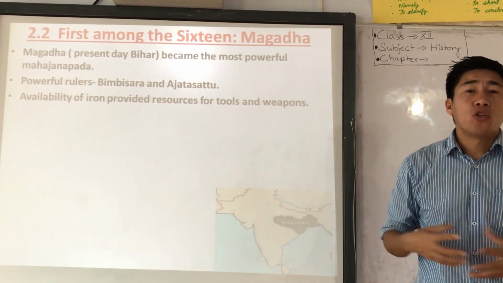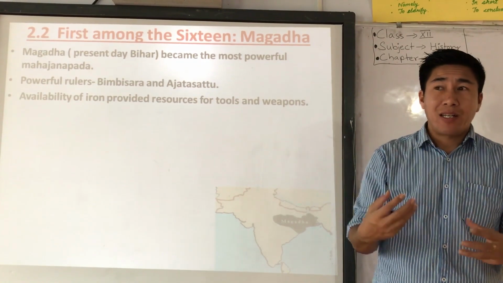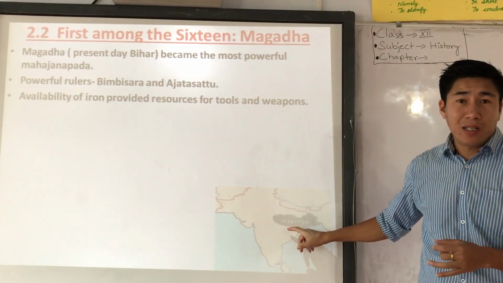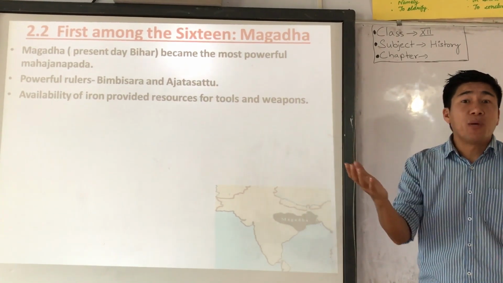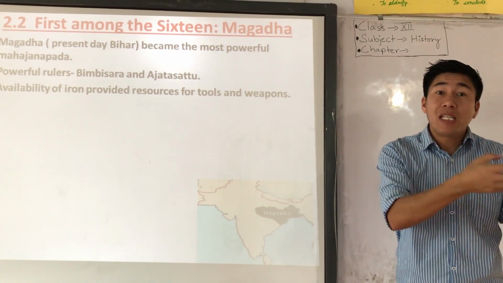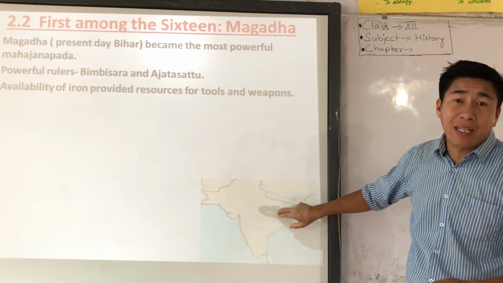Before 2000, we had 25 states. In 2000, 3 more states were added to India: Uttarakhand, Chhattisgarh, and Jharkhand. And in present day Jharkhand, where Jamshedpur is, iron and steel were available. So Jharkhand came under Bihar at that time.